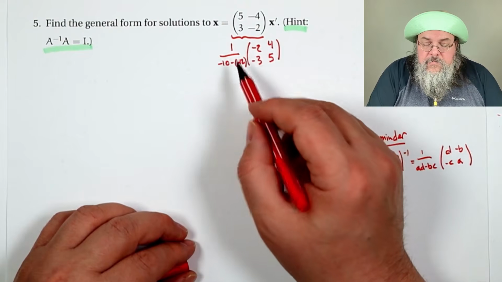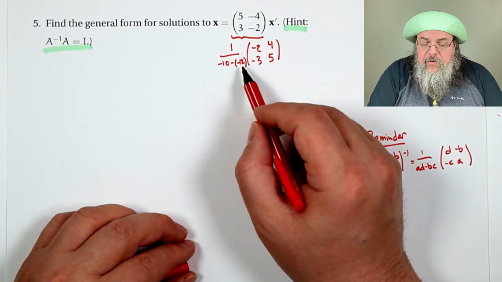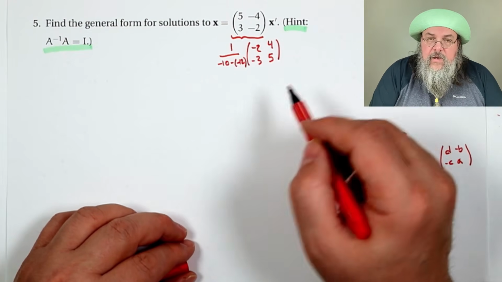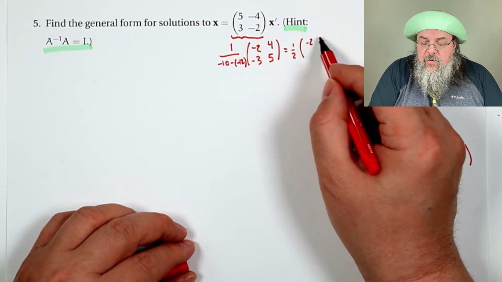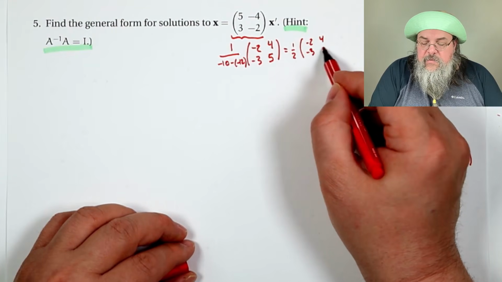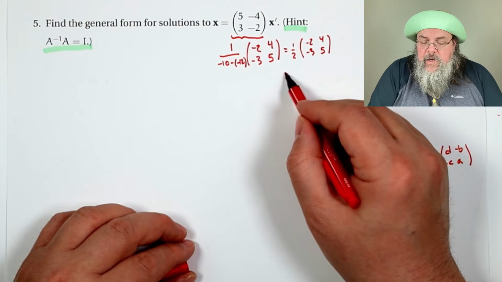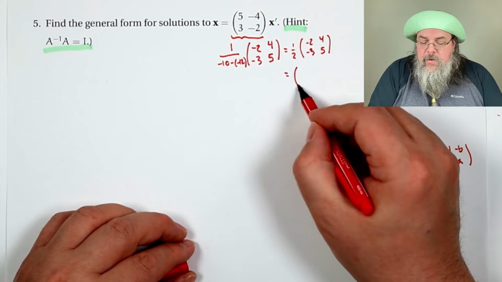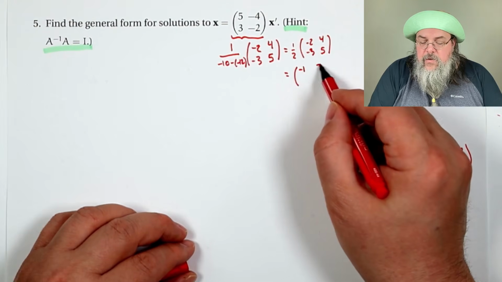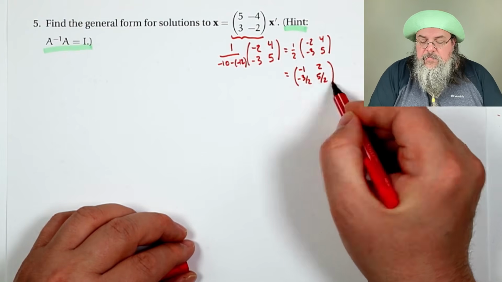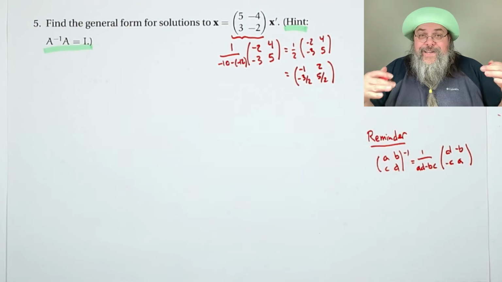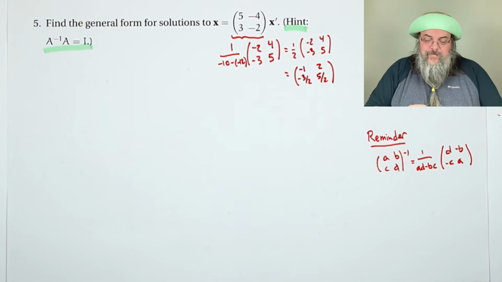Well, minus 10 plus 12 is a half. So we have that this is a half, minus 2, 4, minus 3, 5. Or if you like, we can put the half through, and we'll get minus 1, 2, minus 3 halves, 5 halves.